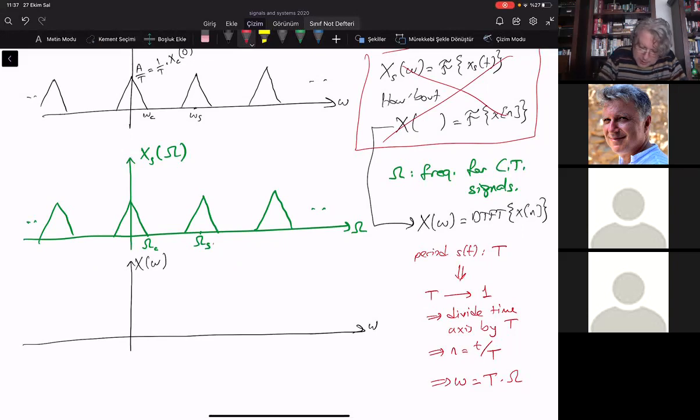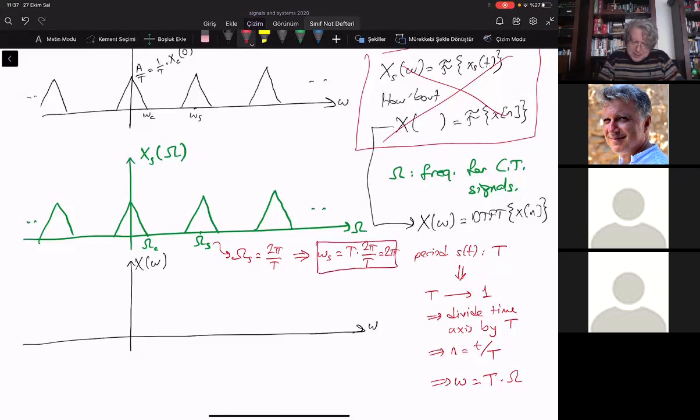First of all, this omega s, what was it? It was 2 pi over capital T. The sampling frequency is 2 pi over the sampling period, right? So omega s times capital T is equal to capital T times 2 pi over capital T, which is 2 pi. Brilliant.